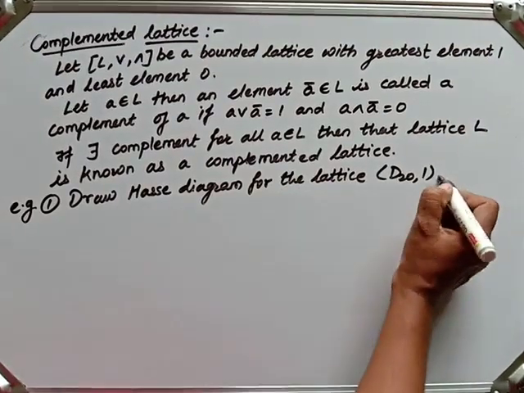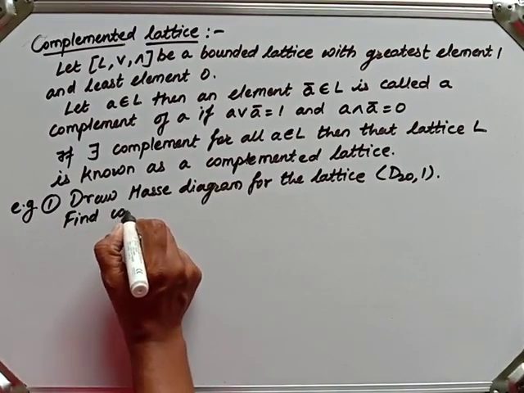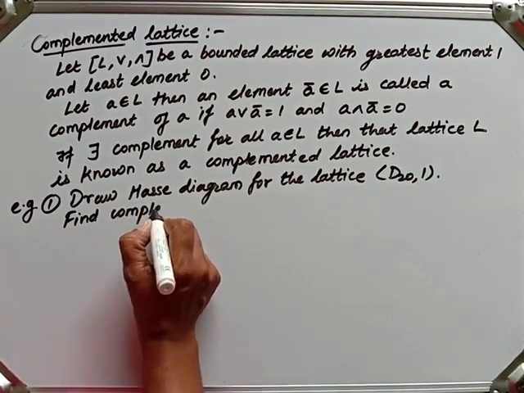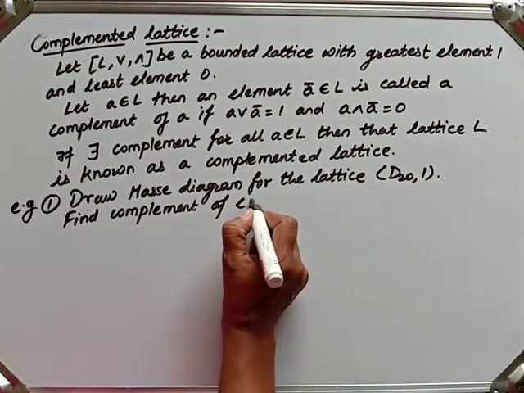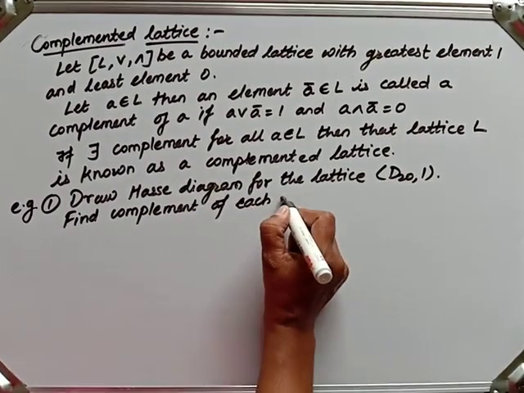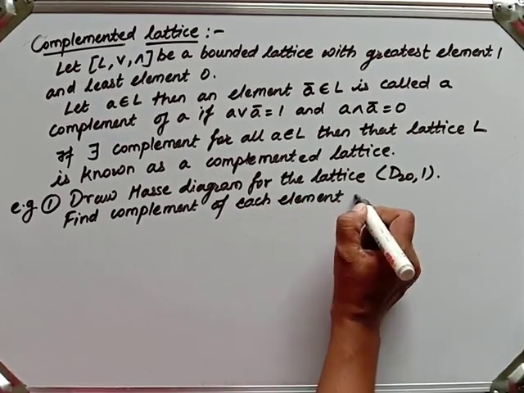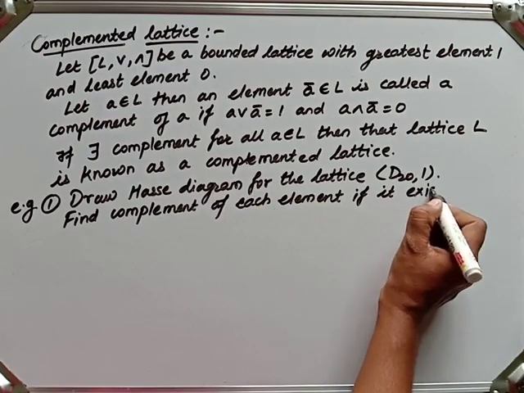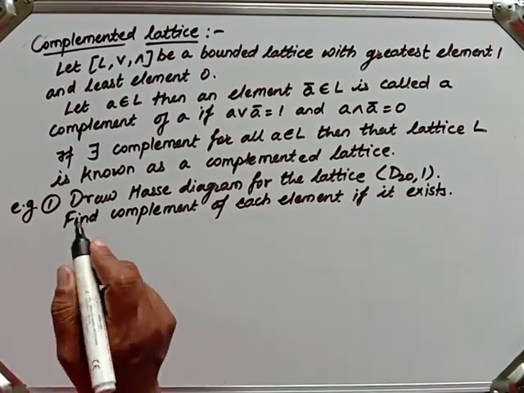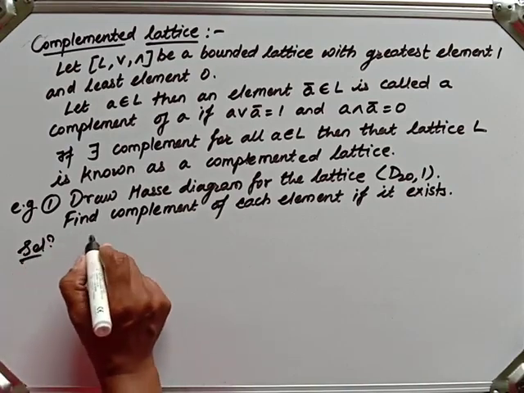The question is: find the complement of each element, if it exists. First of all, we have to draw the Hasse diagram. So let us go for that.